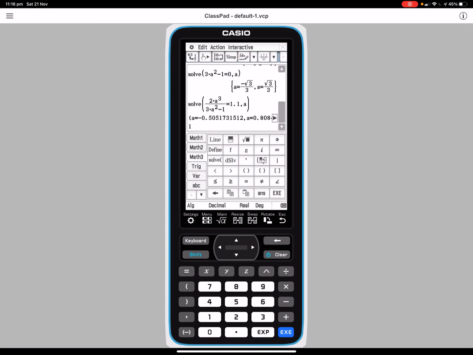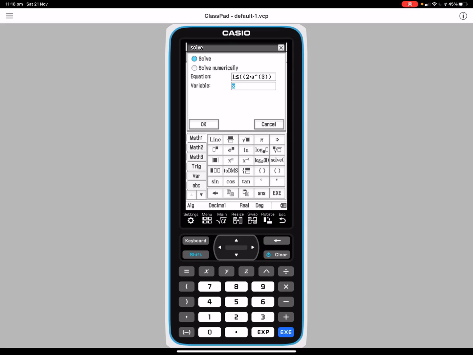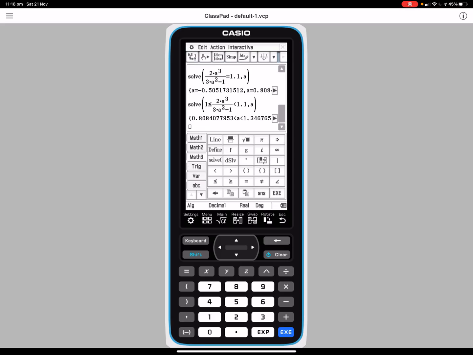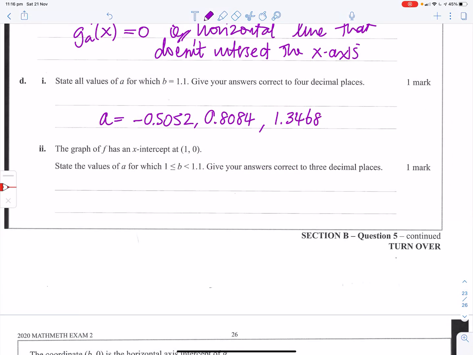So 1 is less than or equal to b, which is less than 1.1, solve for a, 0.8084 is less than a, which is 1.3468.